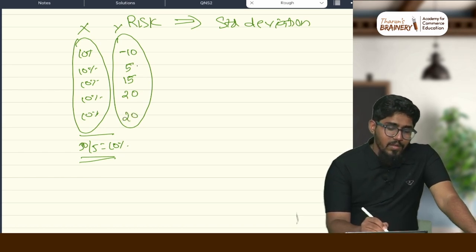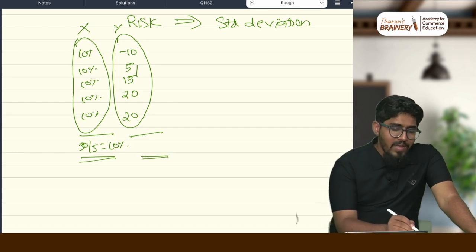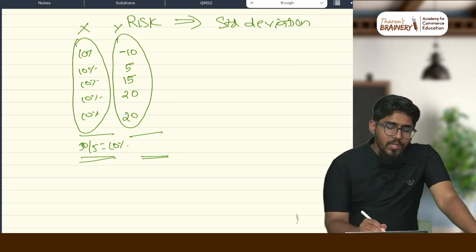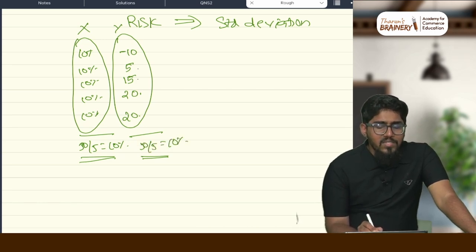So what is my average return here? Minus 10, 5, 15, 20, 20. The total comes to 20, 40, 60, minus 10 is 50. So the average is 50 divided by 5, which is 10%.